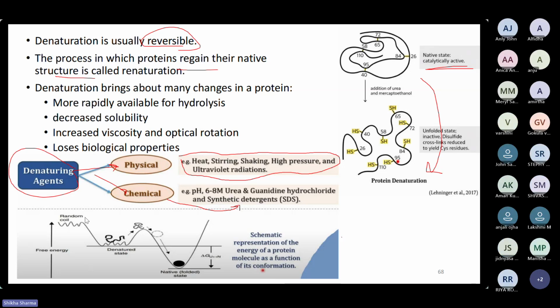If we see the energy representation of the protein molecule with its conformation, the native folded state is more stable basically.